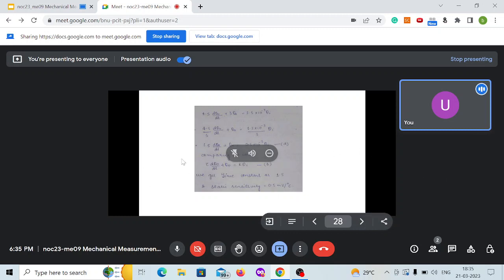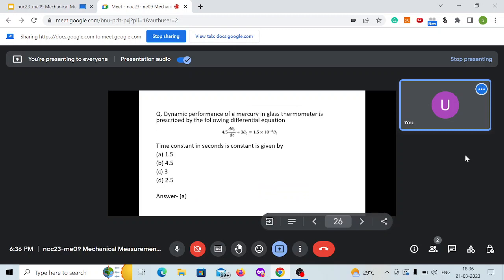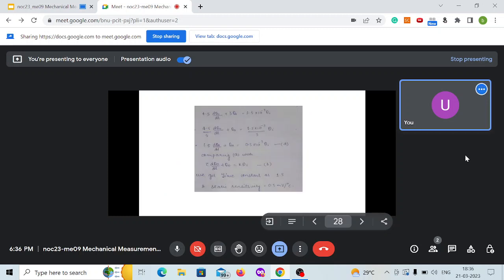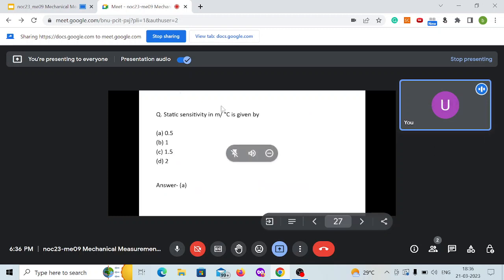So when you compare this with the first order equation, tau d theta naught by dt plus theta naught equals k theta i, here tau is the time constant, so it will give you 1.5, and k is the static sensitivity, that is 0.5 into 10 power minus 3. So the options are 1.5 for A and 0.5 for B, which is millivolt per degree Celsius.